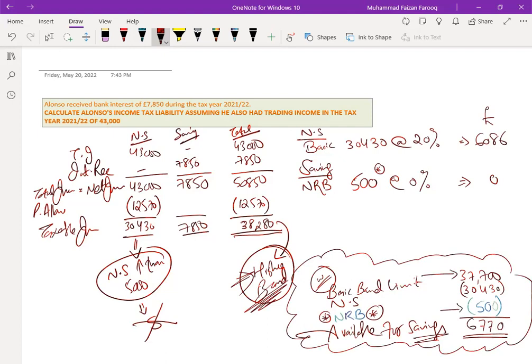You know the limit, 37,700. Deduct this and that, and you will have your available basic band for savings income. So the basic band has space available of 6,770 for savings income, which will be taxed at the rate of 20%.